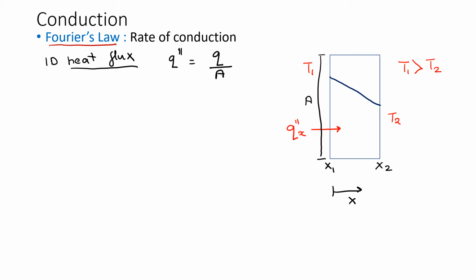Now, what is Fourier's law? Fourier's law states that your heat flux in the x direction is proportional to dT by dx. If you remove the proportionality, your heat flux equals minus kappa times dT by dx, where kappa is the thermal conductivity.